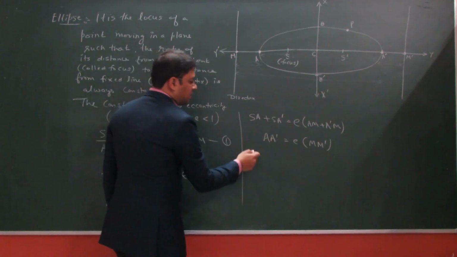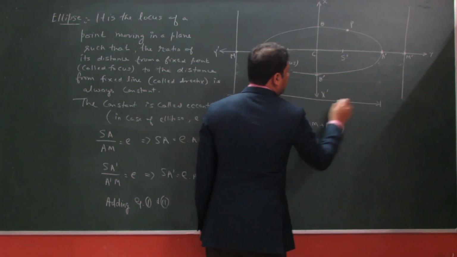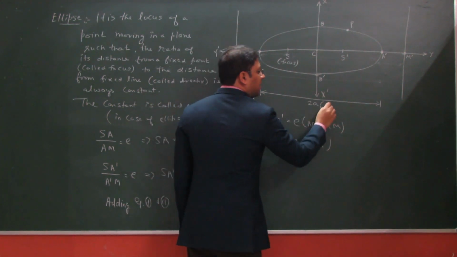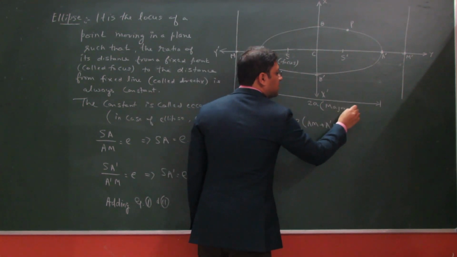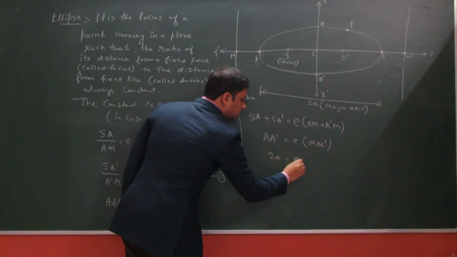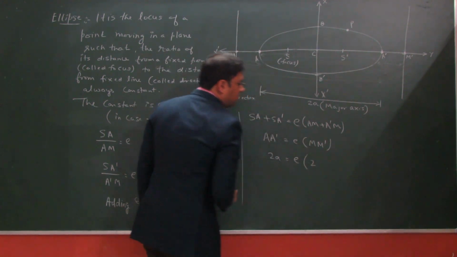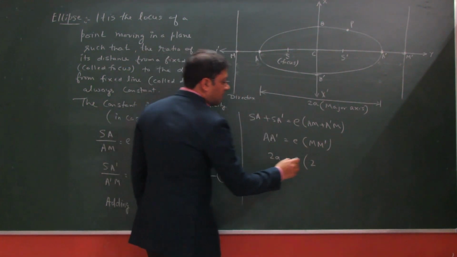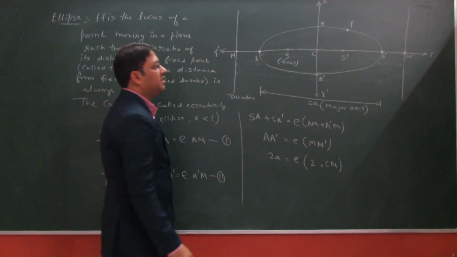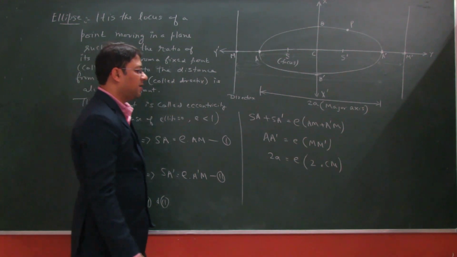Now AA dash is this distance. We are taking this distance as 2a and we call it the major axis. So 2a is equal to e times twice CM. Okay, CM and CM dash are the same distance, so MM dash is twice CM.